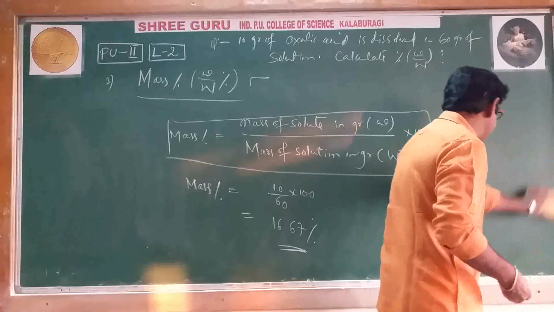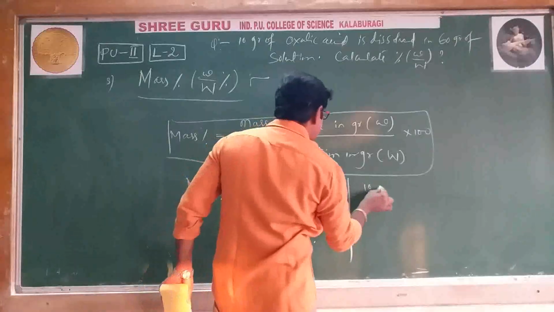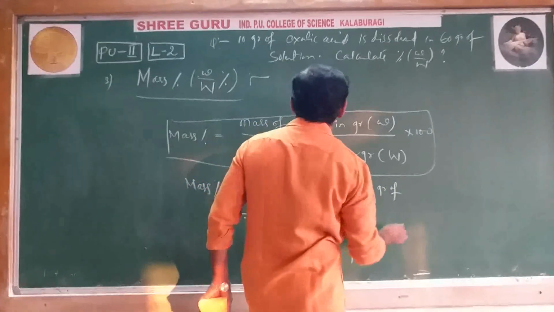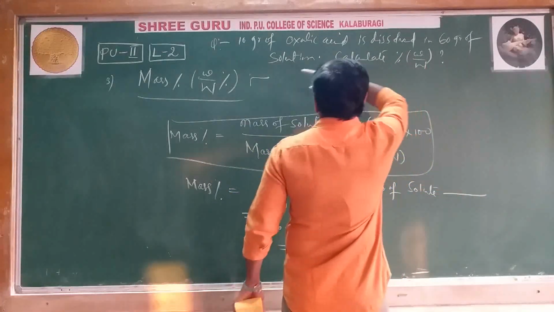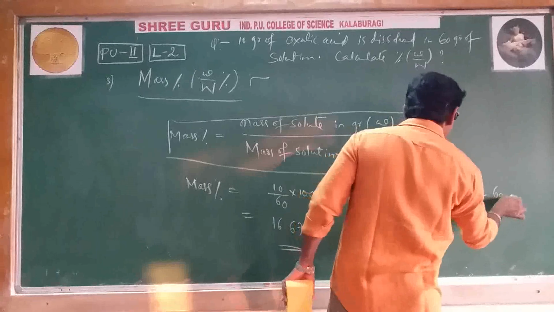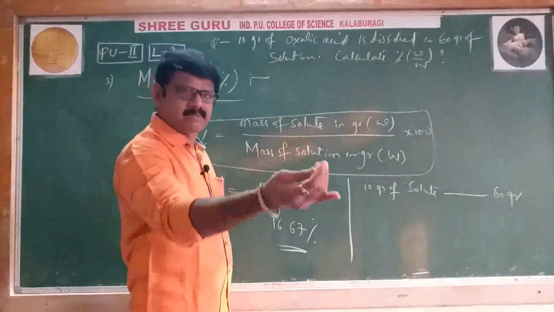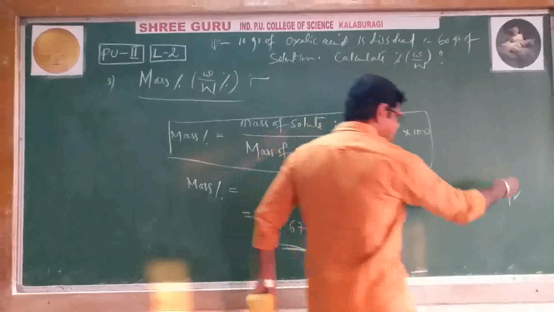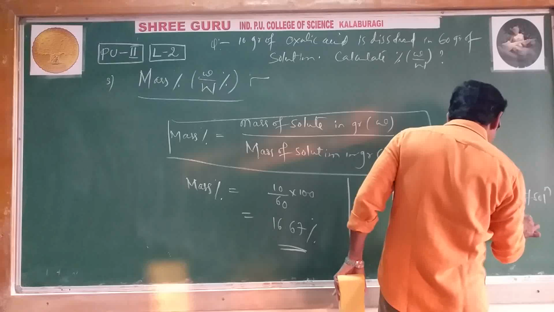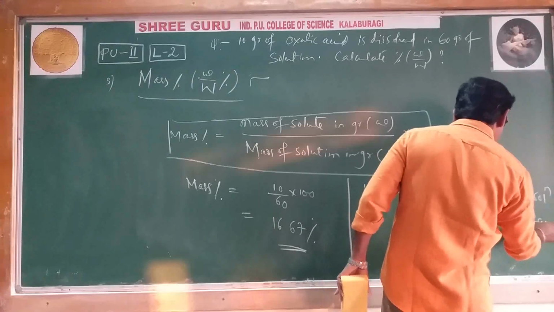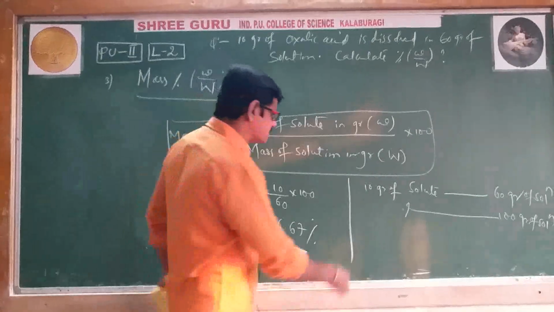Or we can also calculate directly. Very simple. 10 grams of oxalic acid, nothing but the solute, is present in 60 grams of solution. Then for percentage purpose, for 100 grams of solution, how many grams of solute is needed?